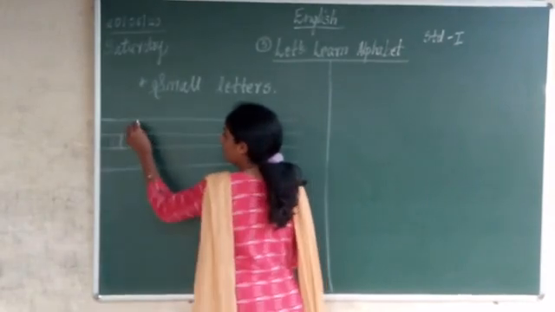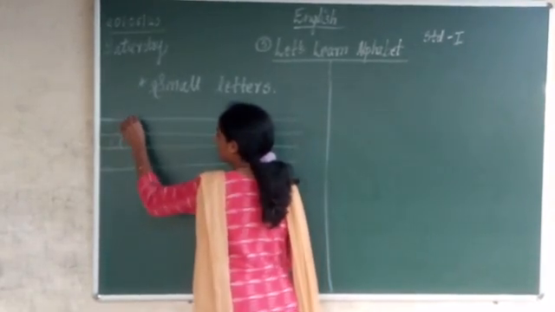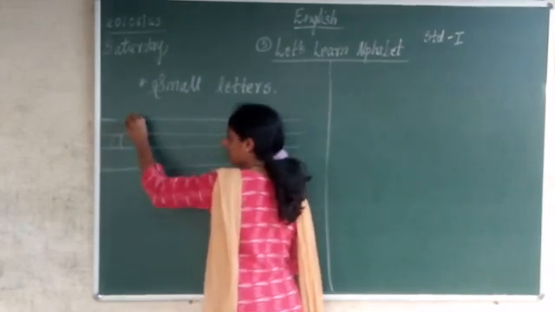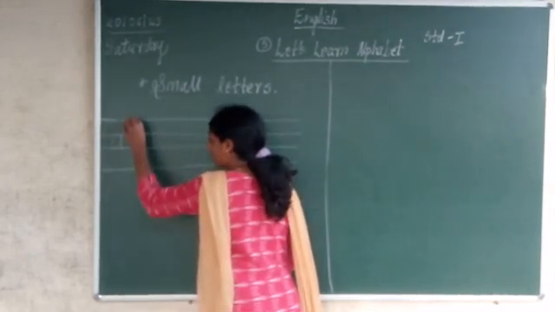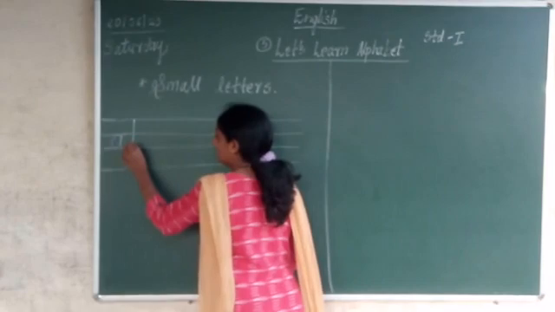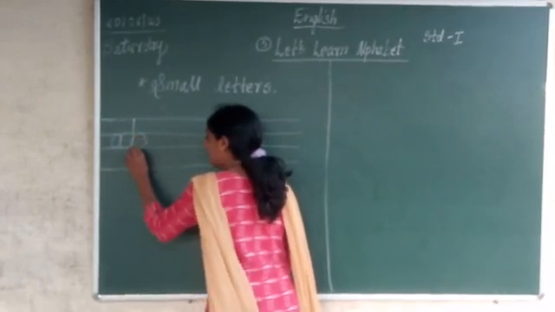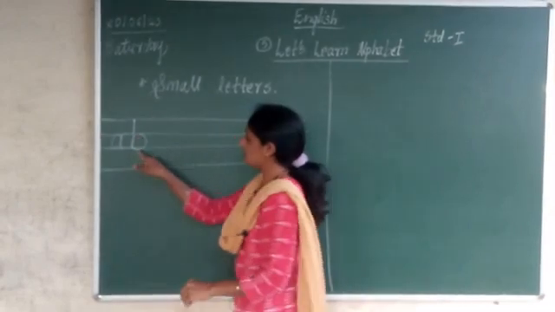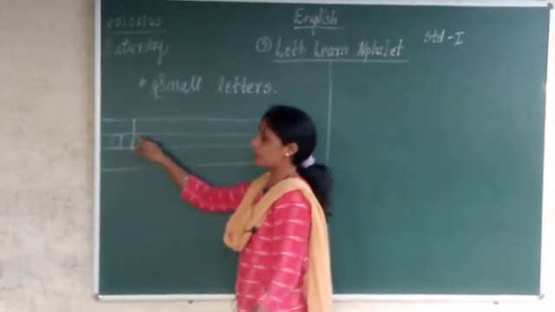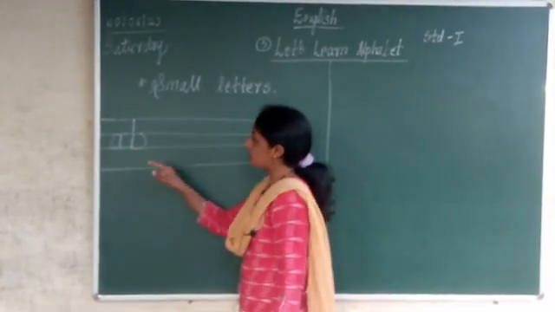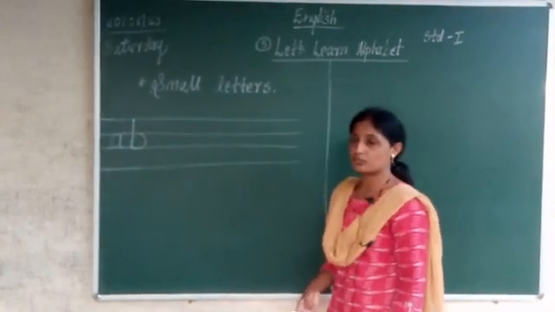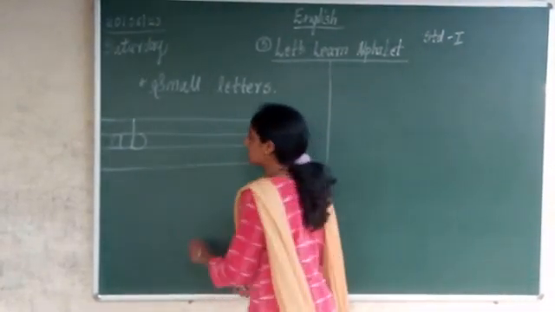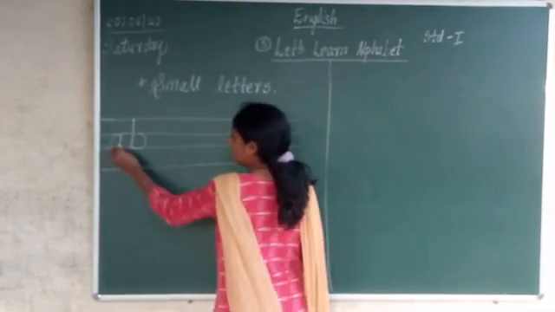Now B. When you write small b, you have to start writing from the first line, and then there is a place in between. You have to touch both sides. You have to touch the second line also, and the third line also, to write B. Next one is C. Now C will come as it is.